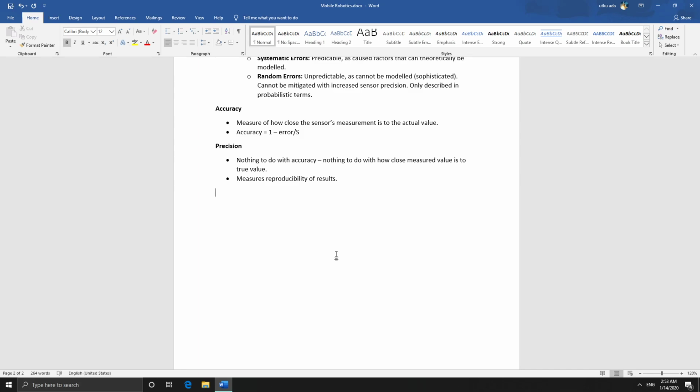And our next category is calibration. So a sensor usually is calibrated before it's used for what is supposed to be reliable measuring.